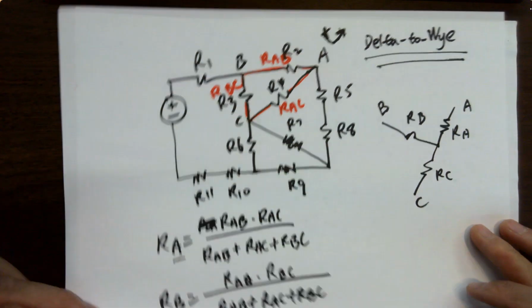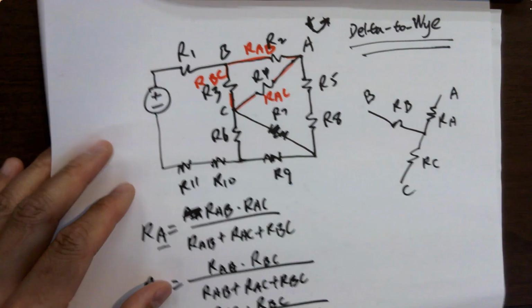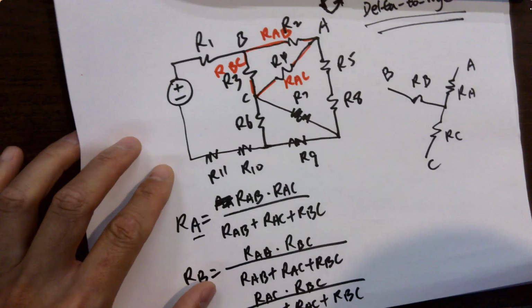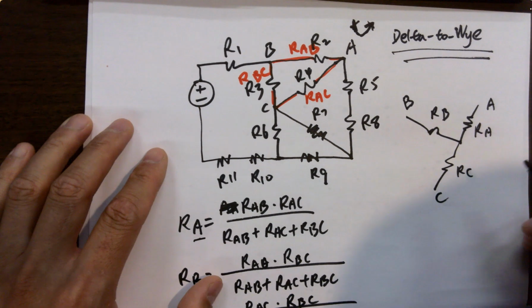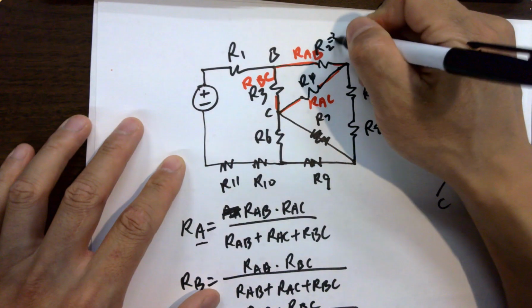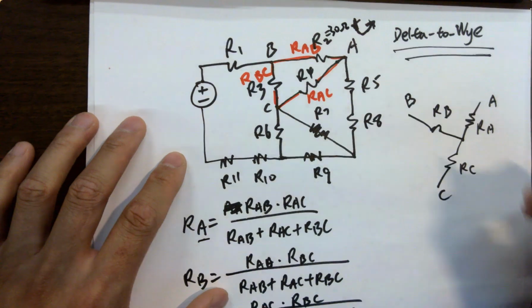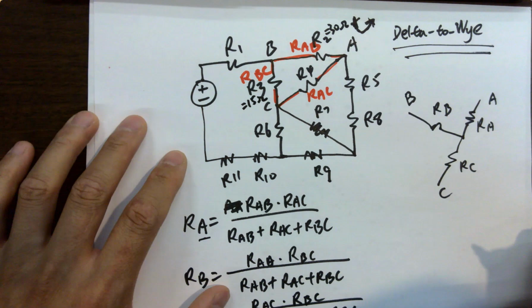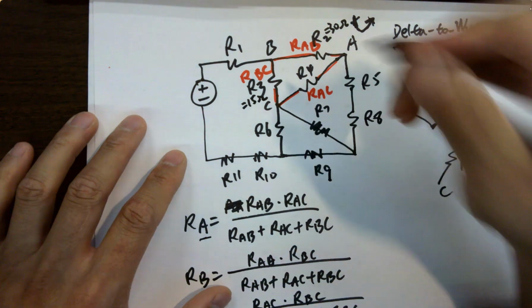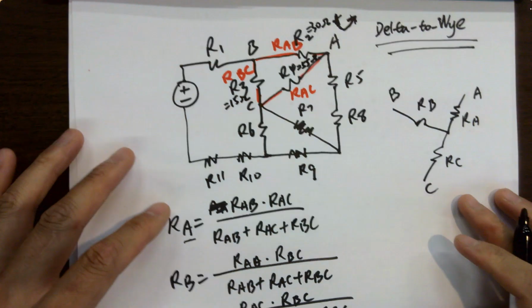We'll do it together. So now, let's calculate it. Just stick with it. So what are the resistances in the example? R2 is 30 ohms, R3 is 15 ohms, R4 is 55 ohms. Okay, so what is RA?